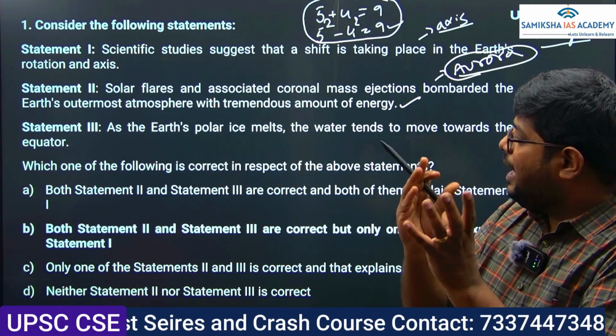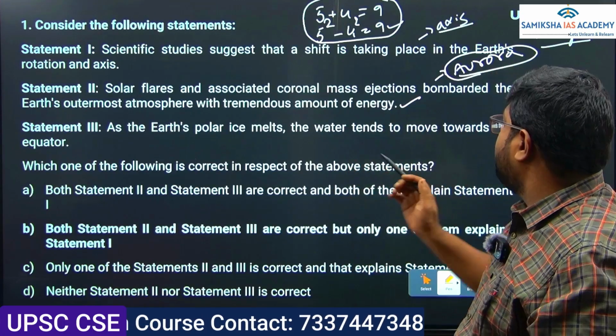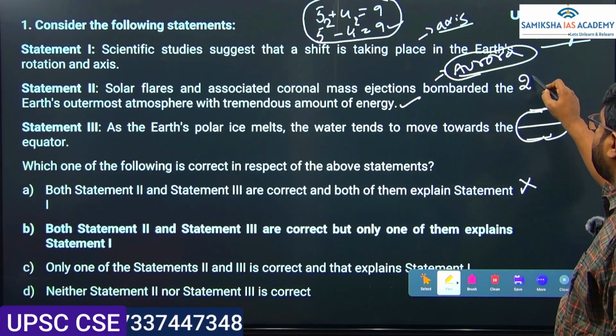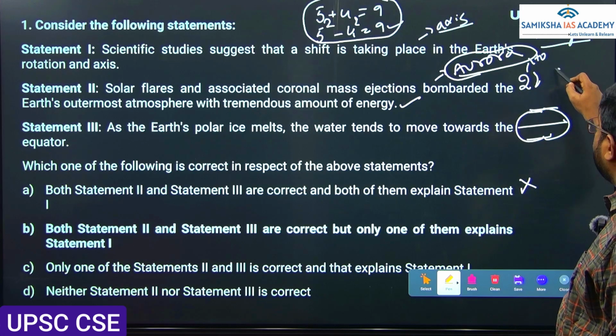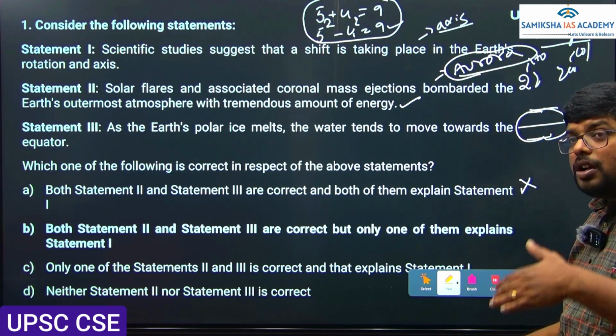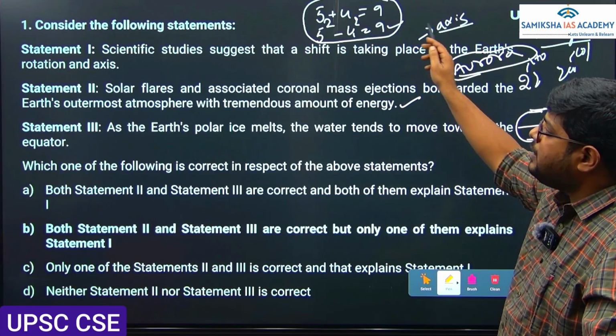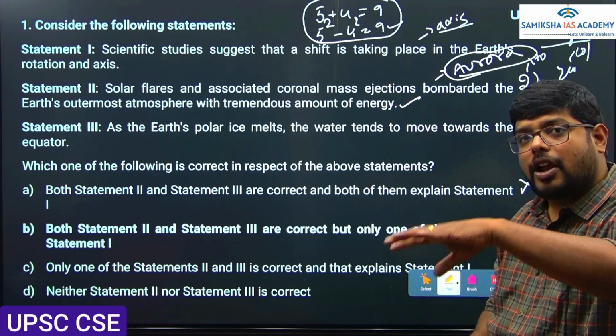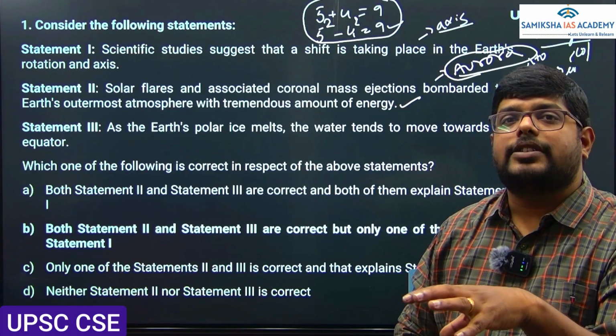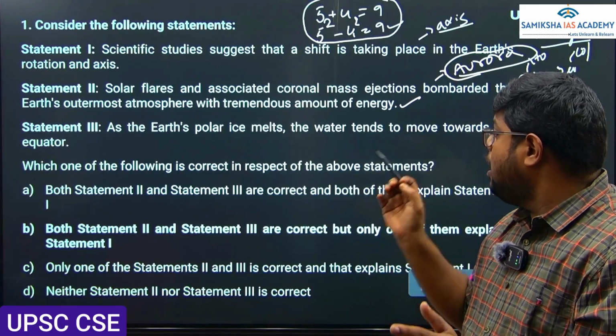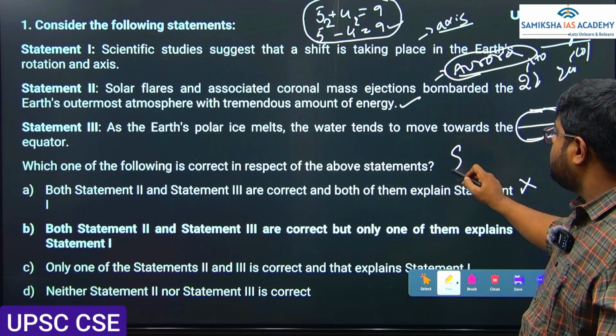By the moving of the earth's axis, as we discussed, at 22 it is a hot ball, at 24 it is a cold ball, right? When it is hot, more and more polar ice caps are melting. So statement 3 has some relation with statement 1, but we cannot say only statement 3 has some relation with statement 1. Here we have an 'or'. This is why syllogisms are important.